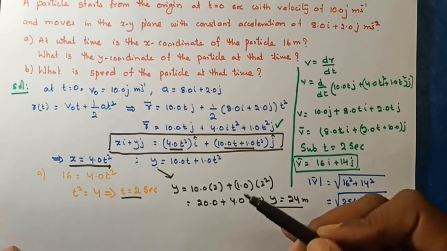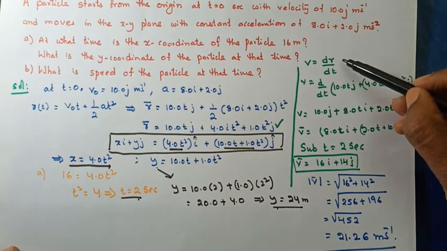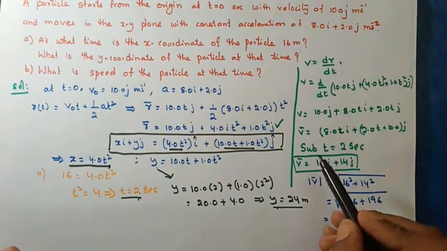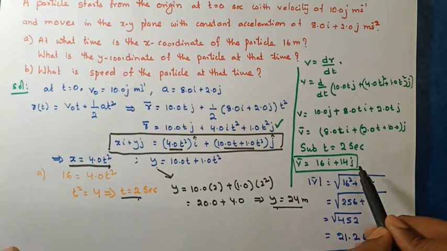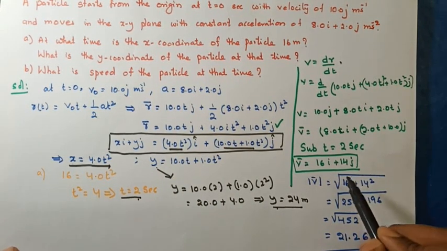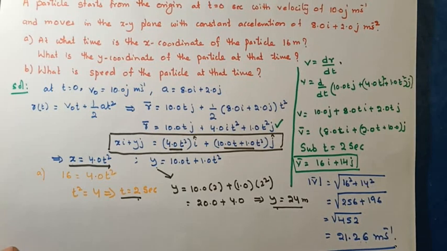From that we slowly obtained the time and the y coordinate at that time. We obtained the velocity vector from the position vector as 16i plus 14j. The magnitude is the square root of vx squared plus vy squared.